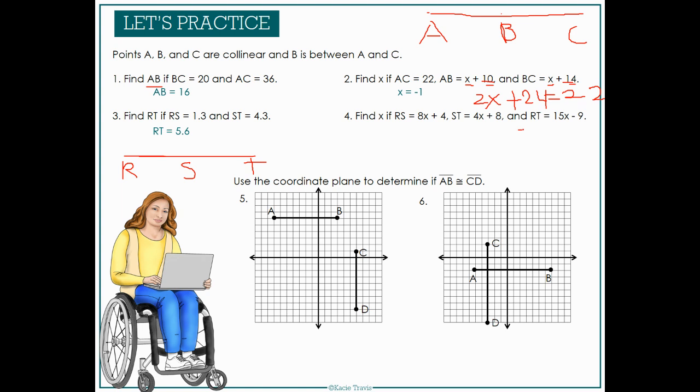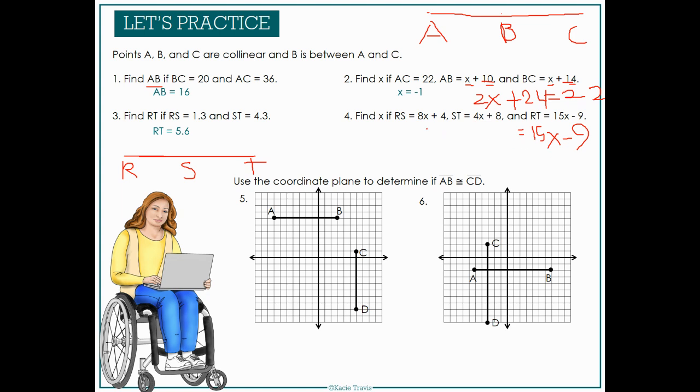So the whole line here equals that 15x minus 9. Now, if that all equals 15x minus 9, then that means that these two parts, RS and ST, add to give us this.